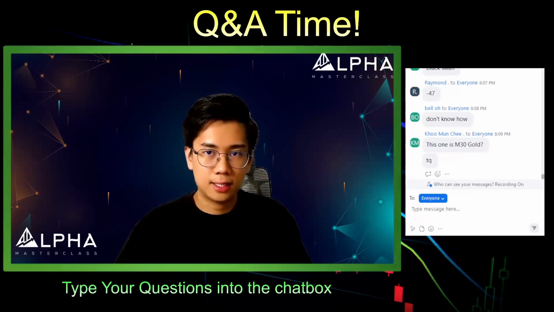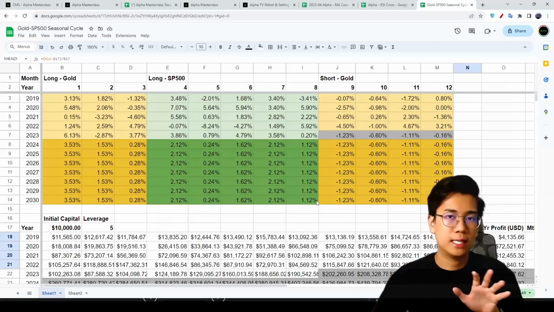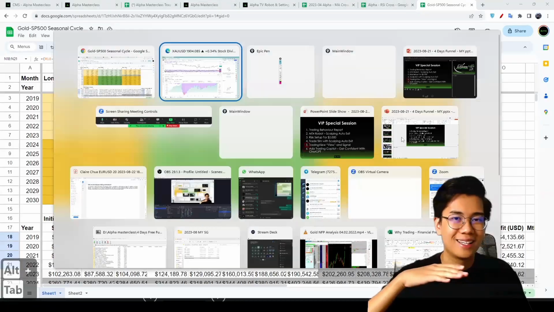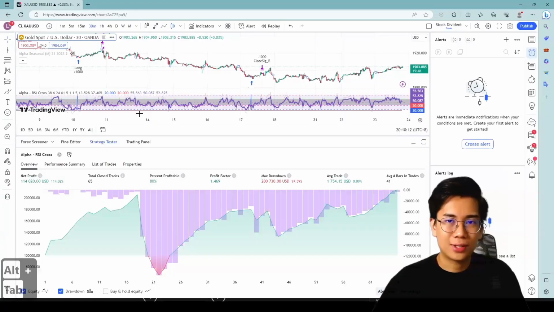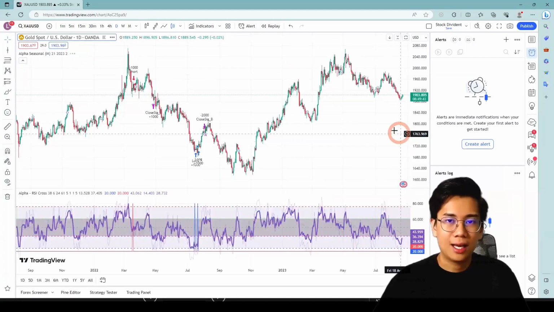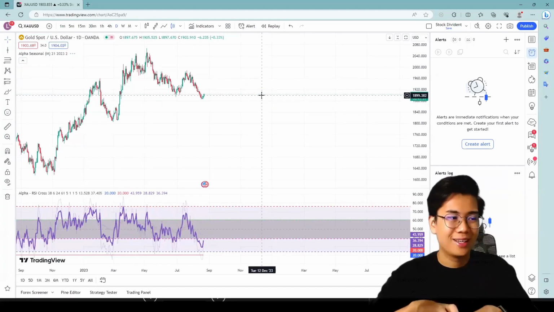Now, regarding the Excel sheet on the seasonal one, if you don't know it right now, it is totally fine. This is something that is like flying in the sky. But what I really want you to learn right now is not to fly first. At least you need to learn how to crawl first.